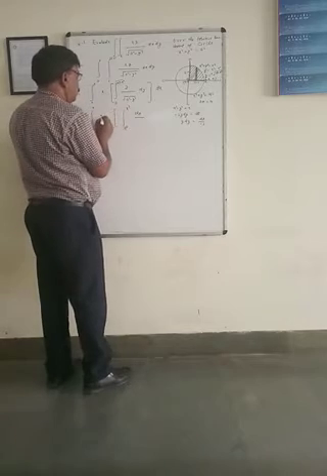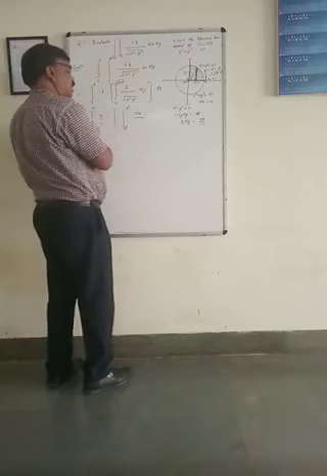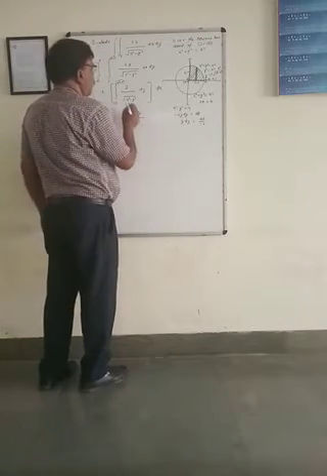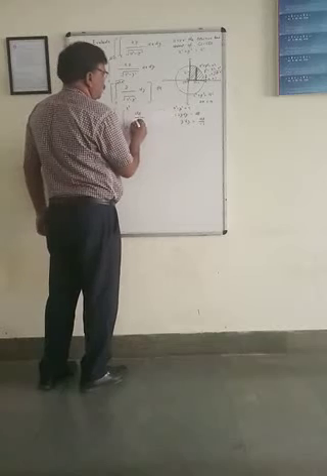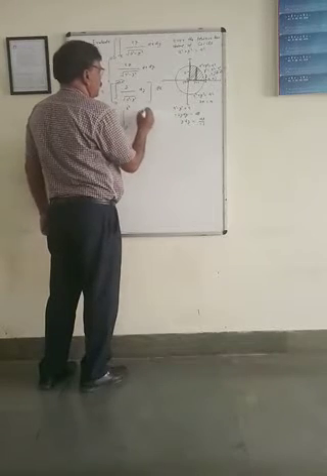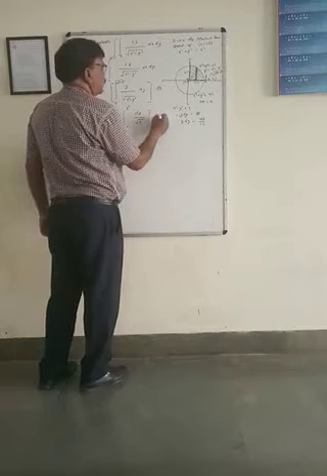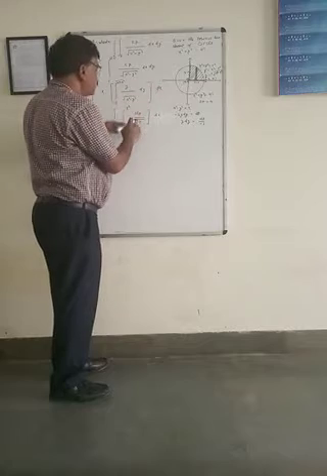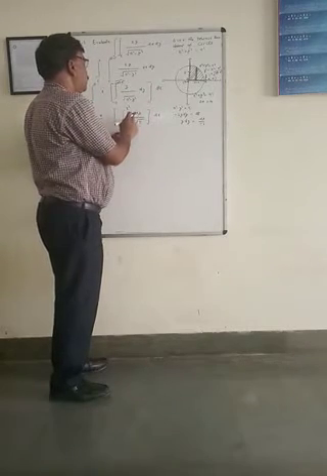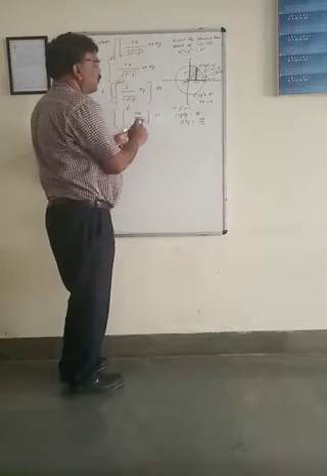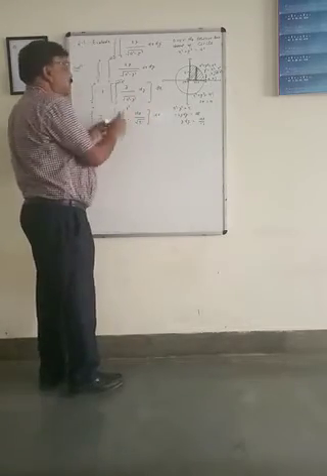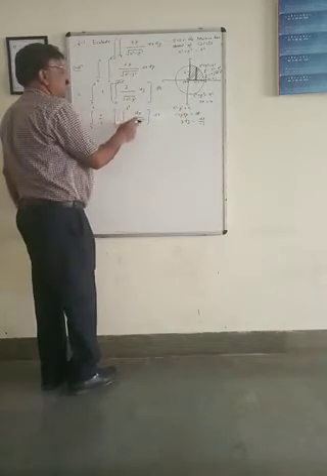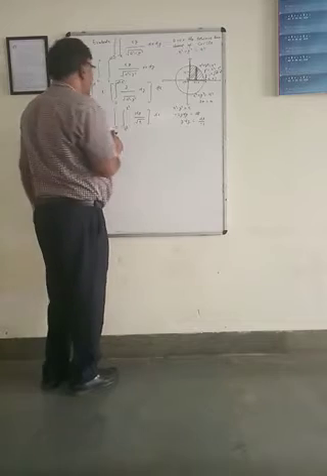So minus 2 is taken out of the integration, it is a constant, and under root a square minus y square is under root t, and dx. Now after substitution this function is reduced into this form. It is because whenever we have a substitution, the limit is changed according to the new variable. So the new variable is t and the limit of t is a square to x square.